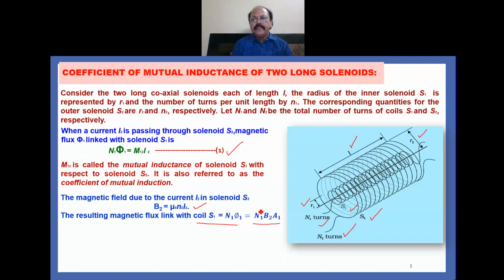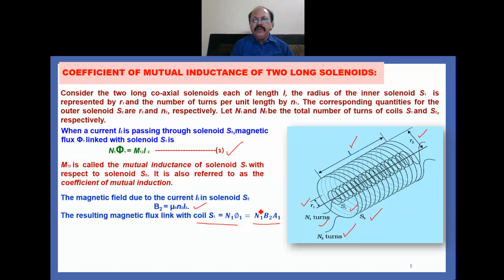N1 is the number of turns of the solenoid S1. A1 is the area of cross section of solenoid S1. B2 is the magnetic field produced by solenoid S2, and S1 is in the magnetic field of solenoid S2. So that's why magnetic flux linked with solenoid S1 is N1 B2 A1.